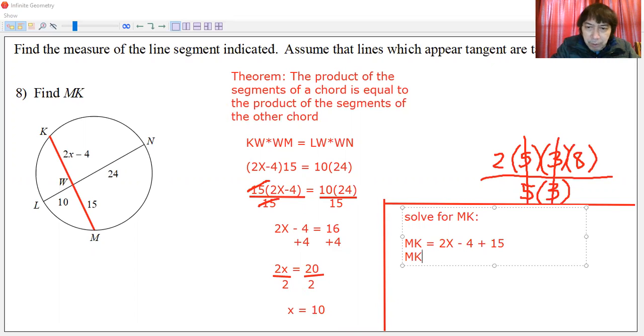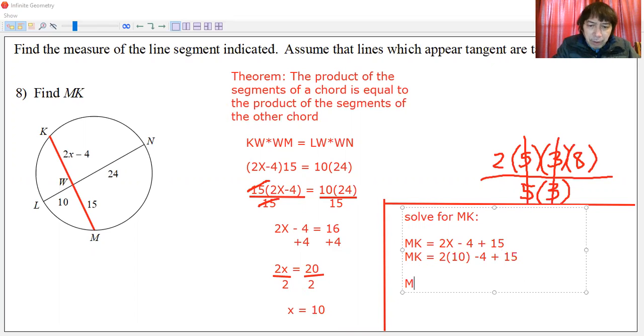We shall use the value of x. So we now have MK is equal to 2 times x, which is 2 times 10, minus 4 plus 15. How much is that?